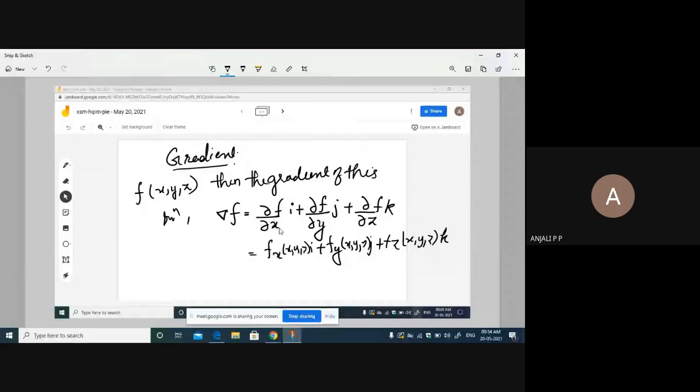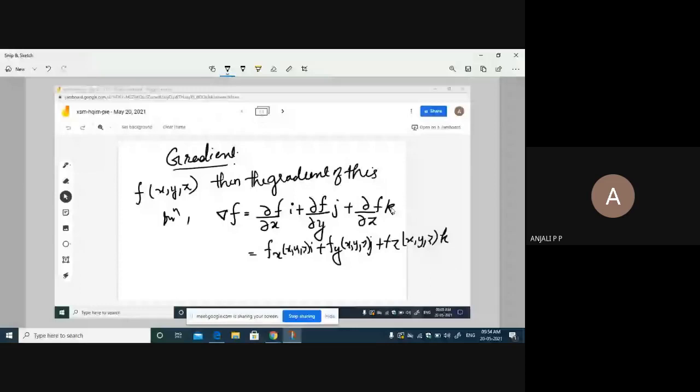You have to find the derivative of f with respect to y, considering x and z as constant. Then dou f by dou z means you have to find the derivative of f with respect to z, considering x and y as constant.